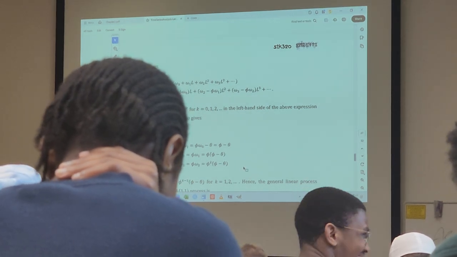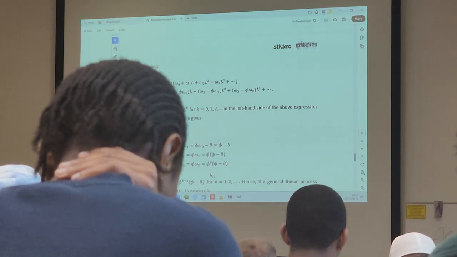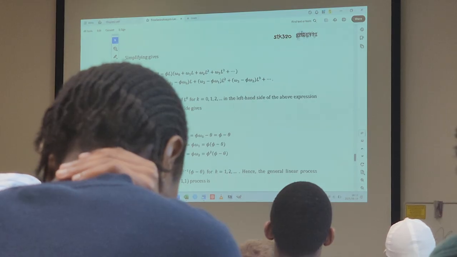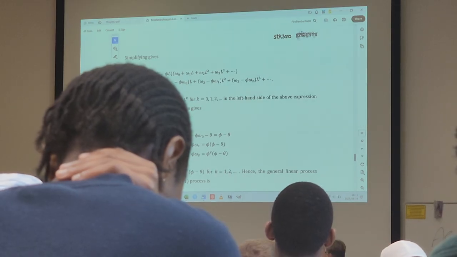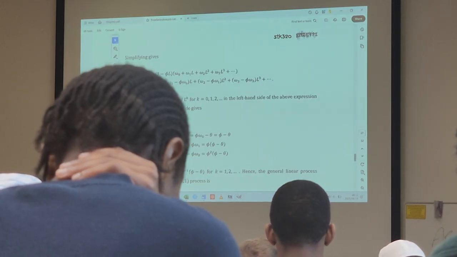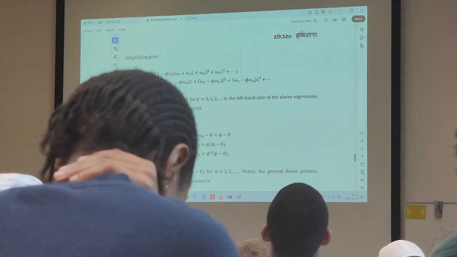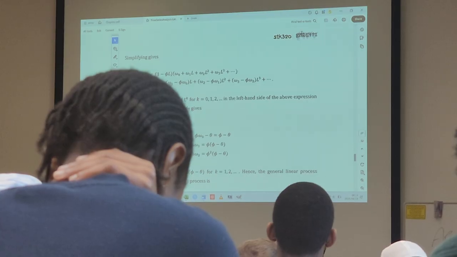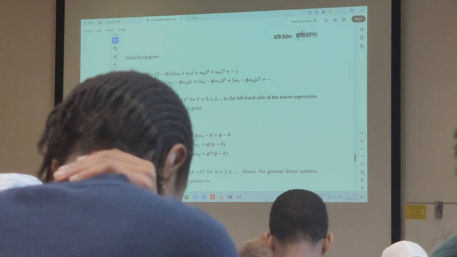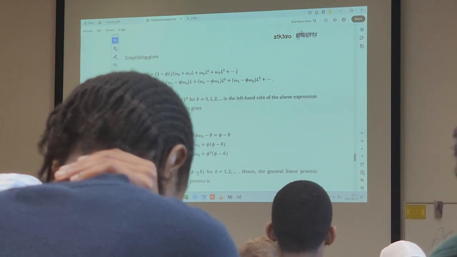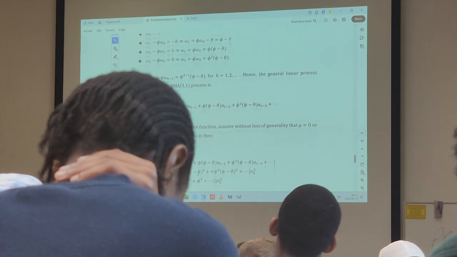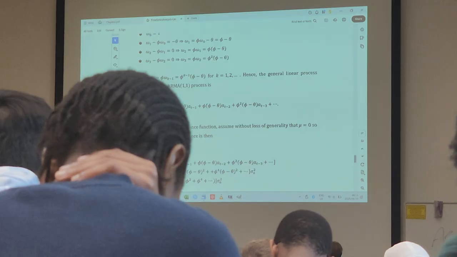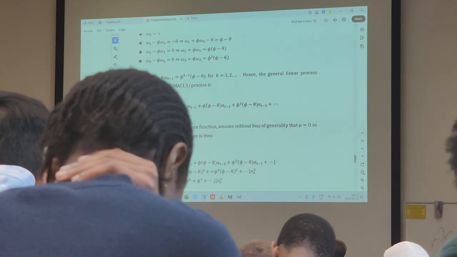We get a general formula, so we can again work out our general linear process coefficients recursively. Once you have a particular one, you can calculate the next one because you basically multiply by phi. That is the general formula for the stationary ARMA(1,1) general linear process coefficients.